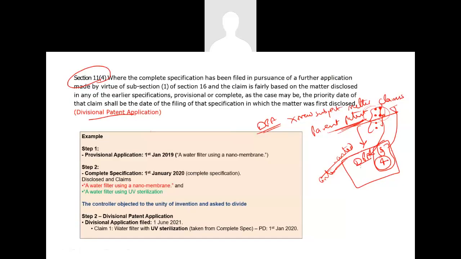So for example, in this case, a provisional specification is filed on 1st Jan 2019 covering a nanomembrane water filter. Then as a second step, the complete spec was filed exactly within a period of 1 year, covering two claims.